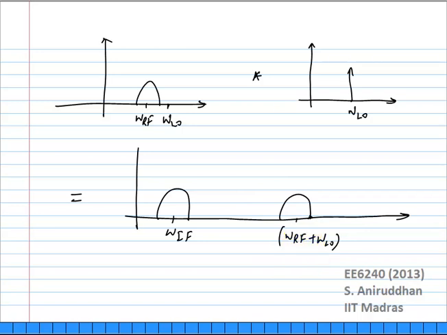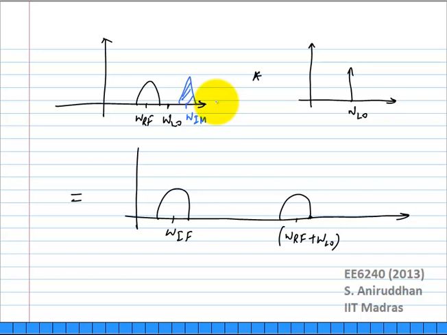Now, suppose I had a signal here, and I'm going to call this omega IM for the image. This frequency is called the image frequency.